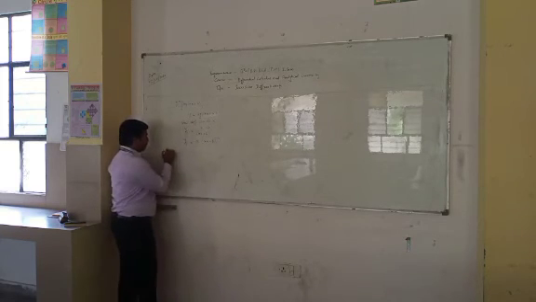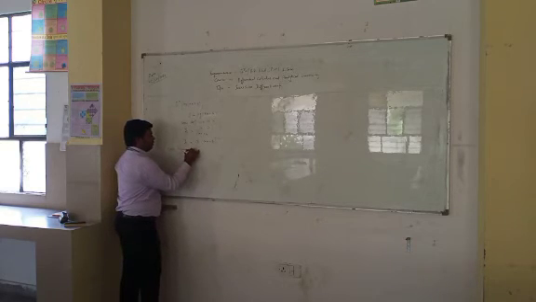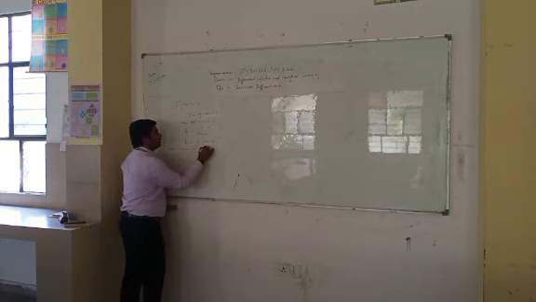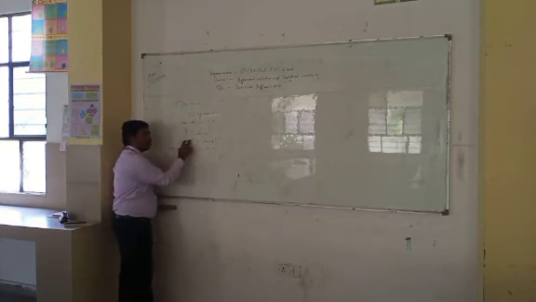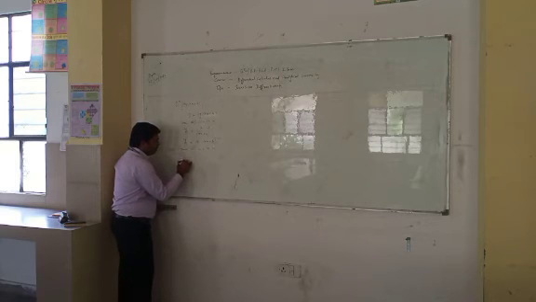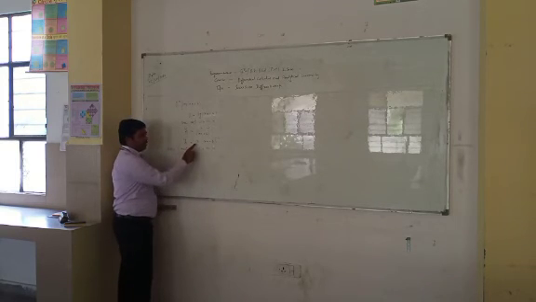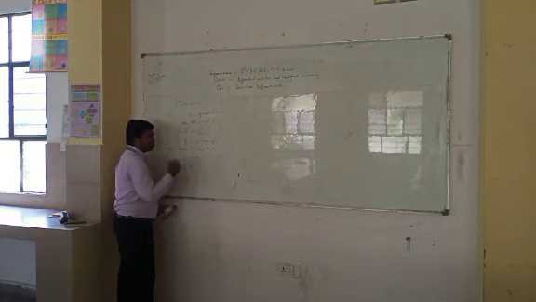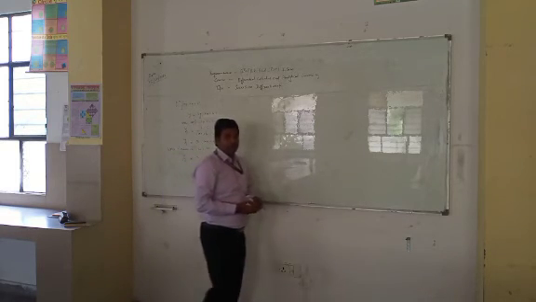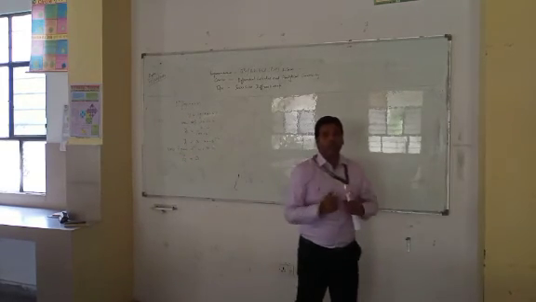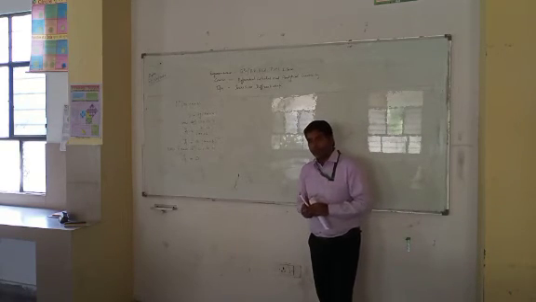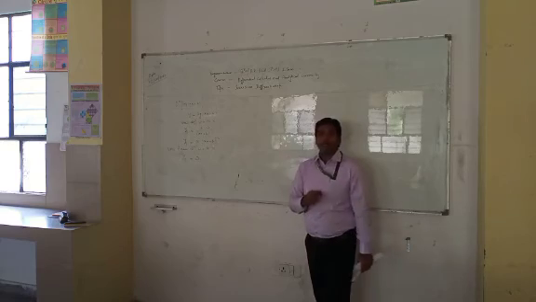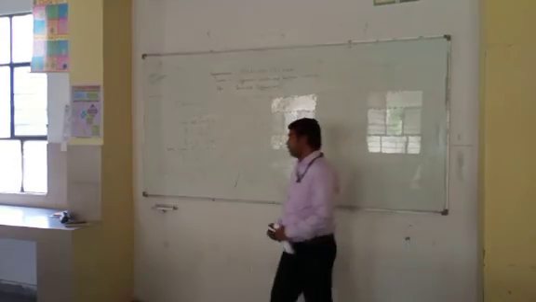Now again differentiating with respect to x, the derivative of y1 will be, a is constant. Now ax plus b to the power minus 1 will be treated as x to the power n, whose derivative is n x to the power n minus 1.